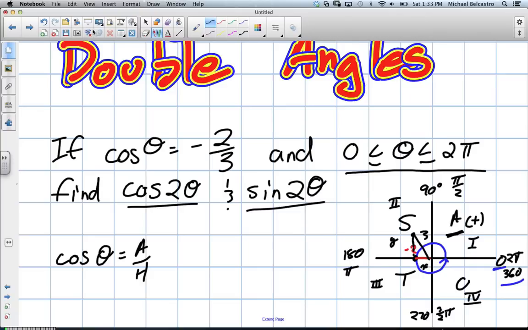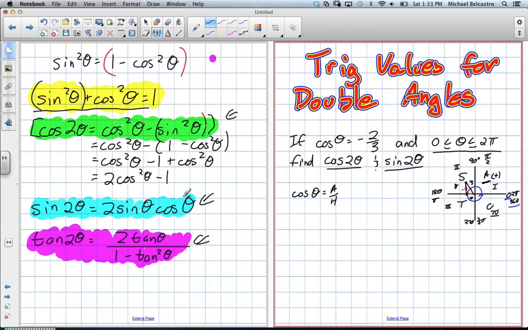Let's get our formula from the other page here. The cos double angle formula is equal to, and they have many of them. We're going to just talk about a basic one here. I'll write the original one first.